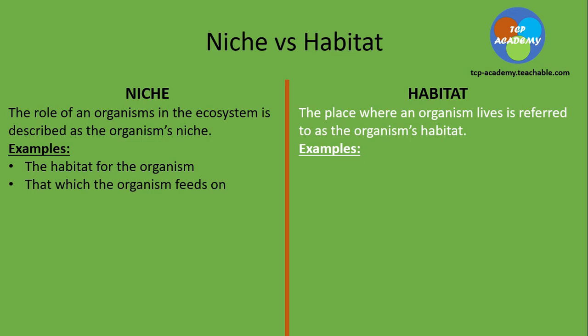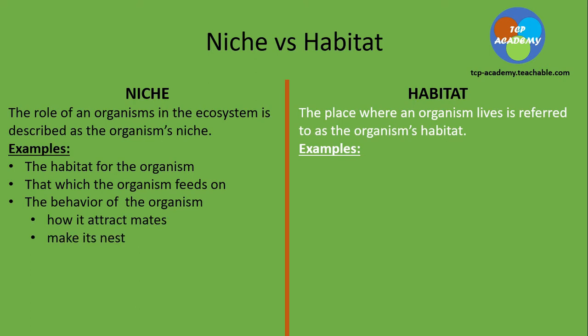That which the organism feeds on is a part of the organism's niche. The behavior of the organism, such as how does it attract mates? How does it make its nest or the place where it lives? That which it eats is a part of its niche.